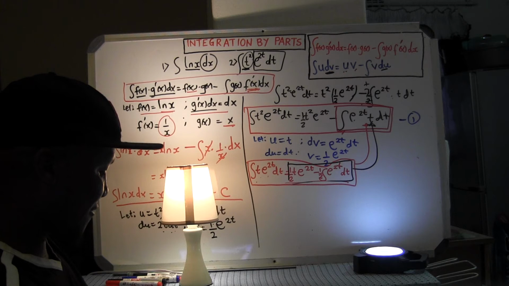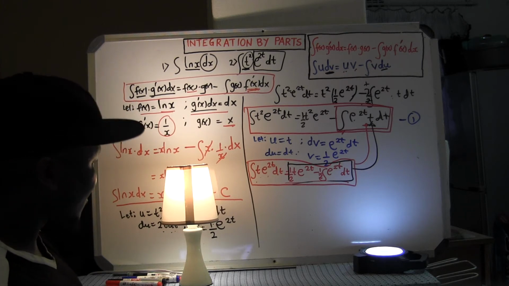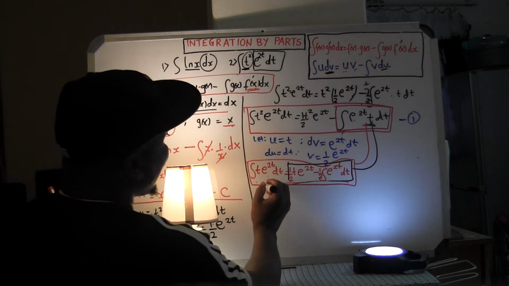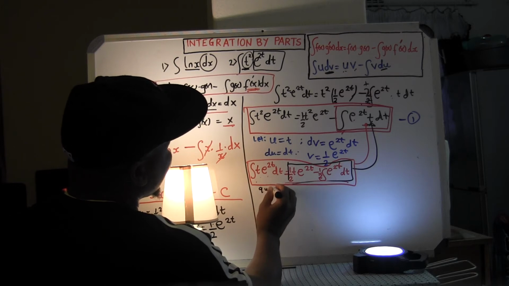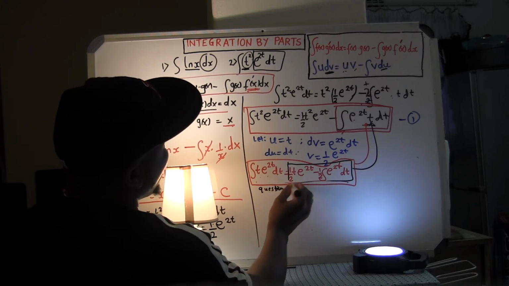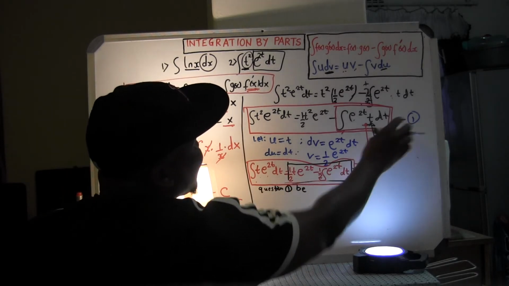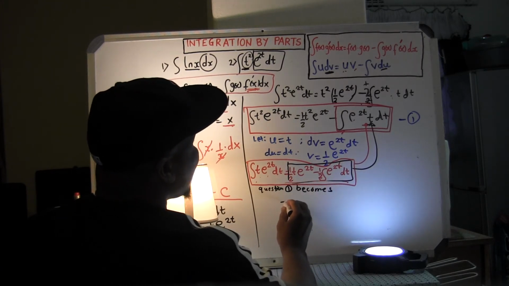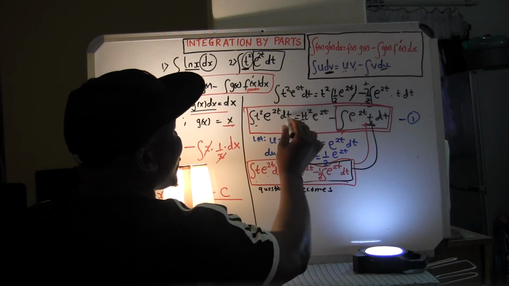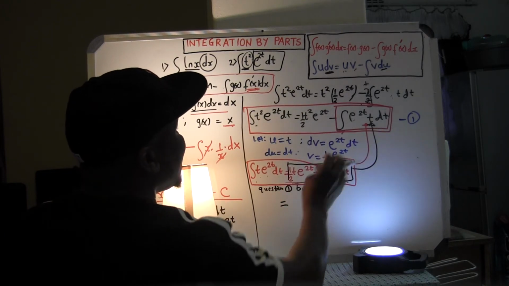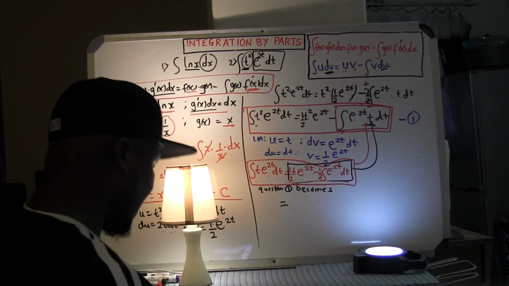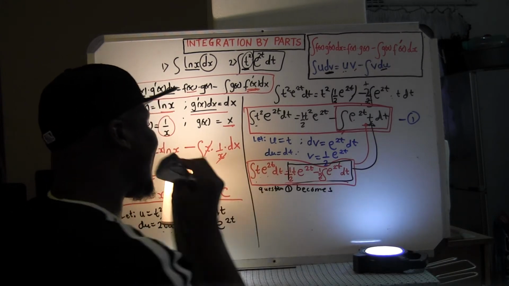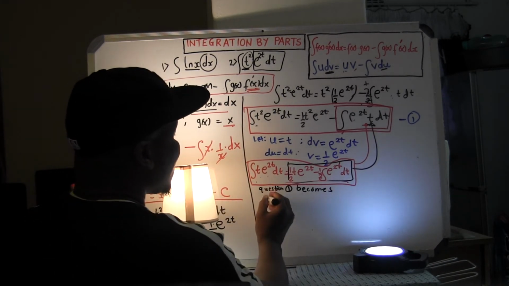So now we're going to get, this is going to become equal. Everything I'm going to write is exactly equal. Let me write everything. No shortcuts in life. We want to show everything.